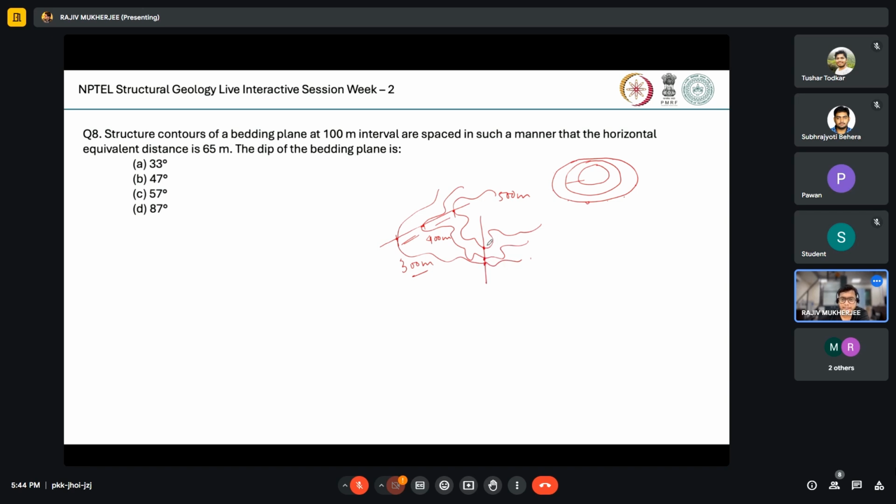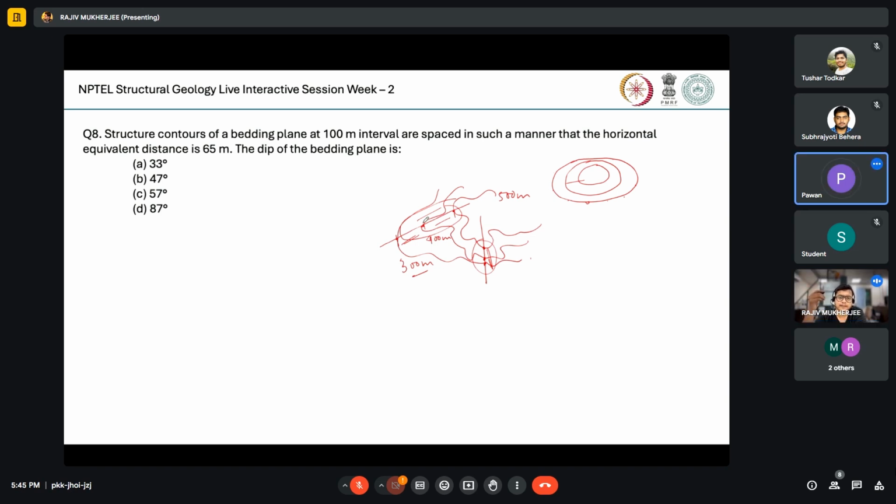You can see that the horizontal distance is much smaller in this traverse compared to the other, so the slope of the region will be much steeper. This is how we calculate the cross section along a particular topography or geological structure using these contours, and also estimate whether it is a steep slope or a gentle slope.